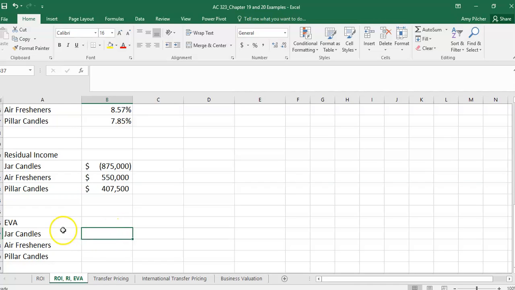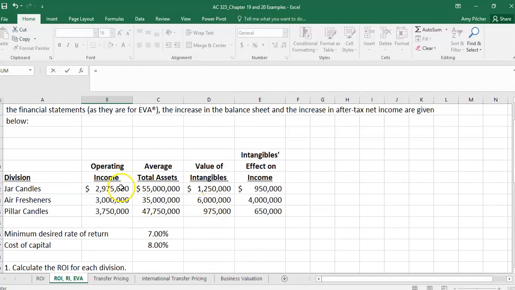So what the calculation is then is operating income plus the intangibles effect on income minus the total average assets, so the sum of assets plus intangibles times the cost of capital.